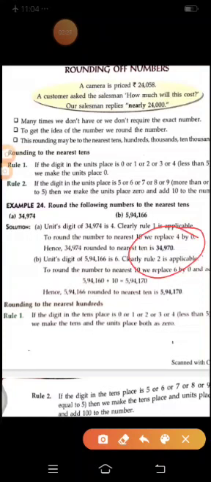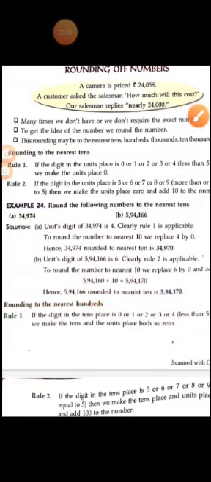Okay, understood? In the second example, we can see that the unit place digit is greater than 5. So we will make the unit place 0 and add 10 to the number. So we will find the nearest 10, and that is 5,94,170.